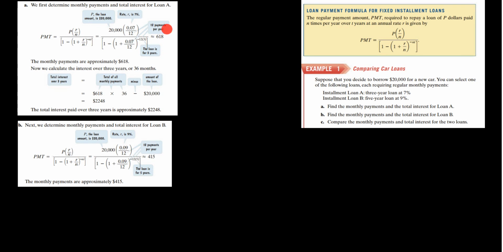And of course, this is where the give and take happens, or where the rub happens. So what happens here is we have a $618 payment over 3 years. Let's go ahead and put that off to the side and write that down.